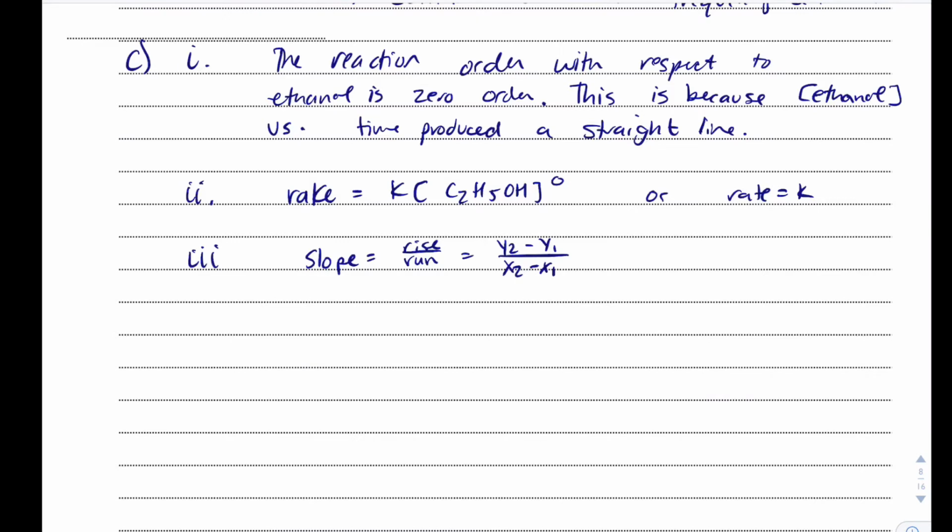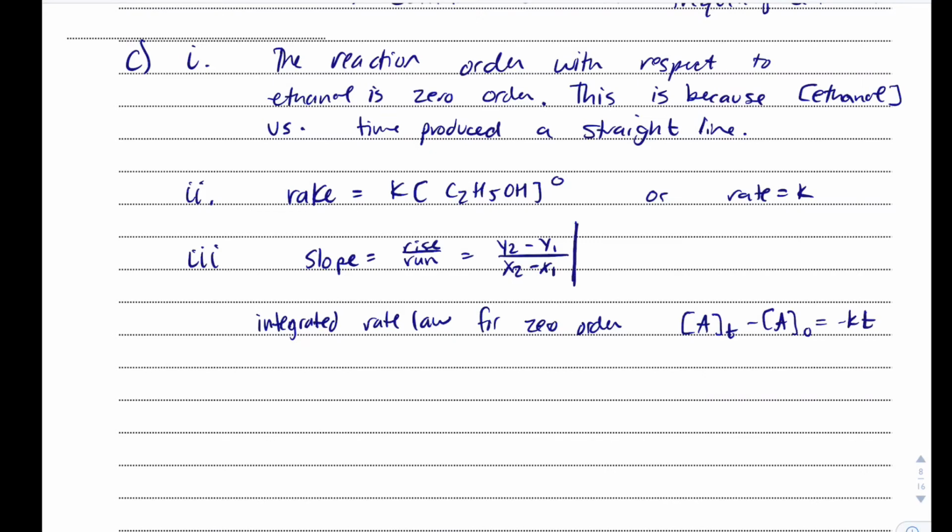Or we could use the integrated rate law, according to our formula sheet for 0 order, which is A sub t minus A sub 0 equals minus kt.